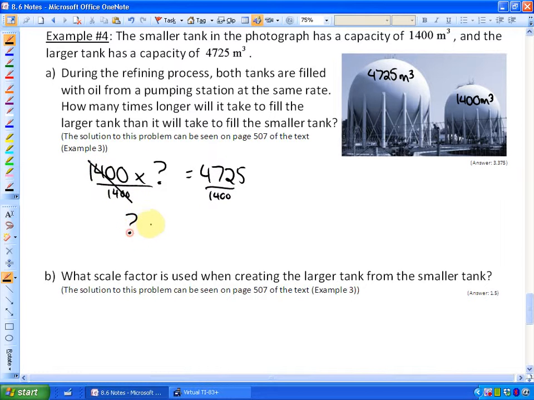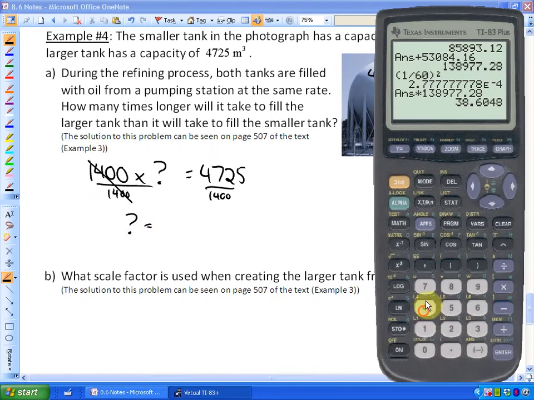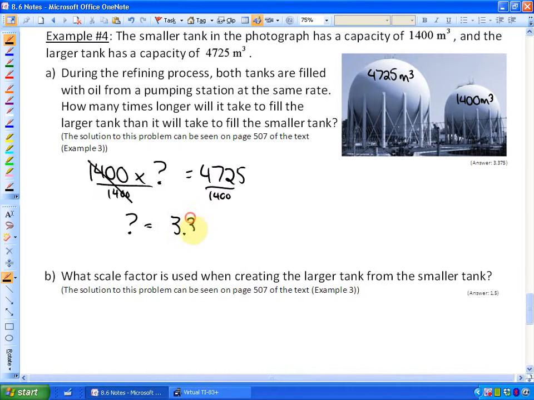And we have that the amount of time that it takes longer would be the volume of the larger one divided by the volume of the smaller one, which is 3.375 times longer. Okay? So that's for that particular question.